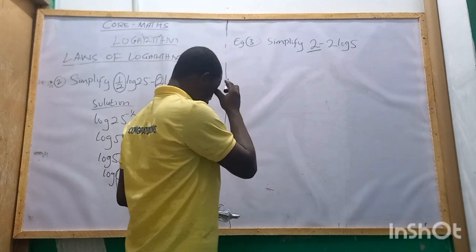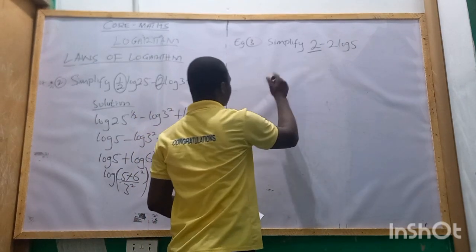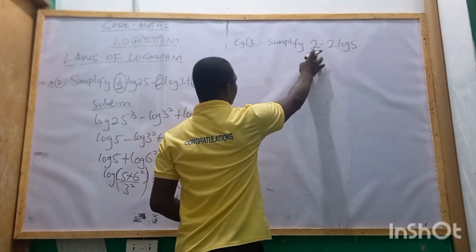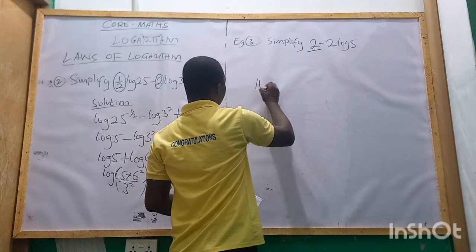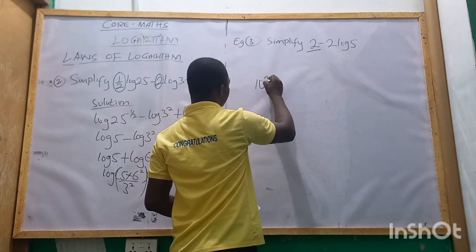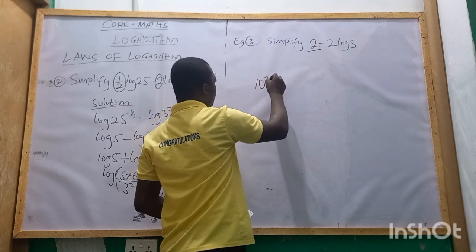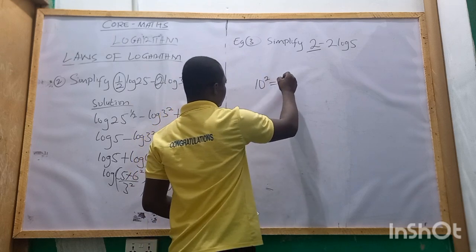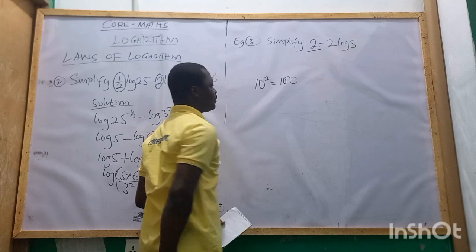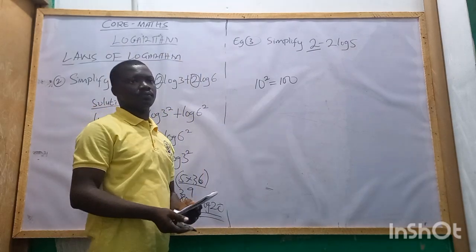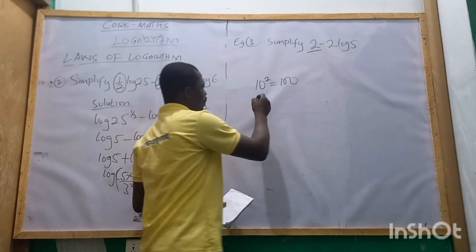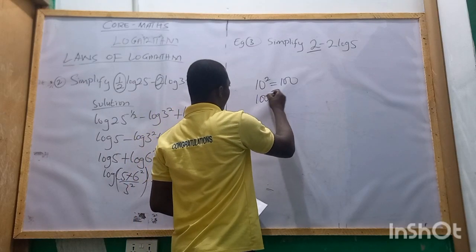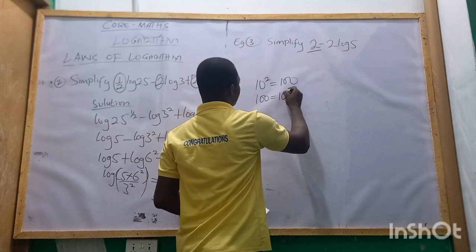So I know that I'm working in base 10. So 10 squared will be equal to what? 100. Or let's write it well. 100 is equal to what? 10 squared.